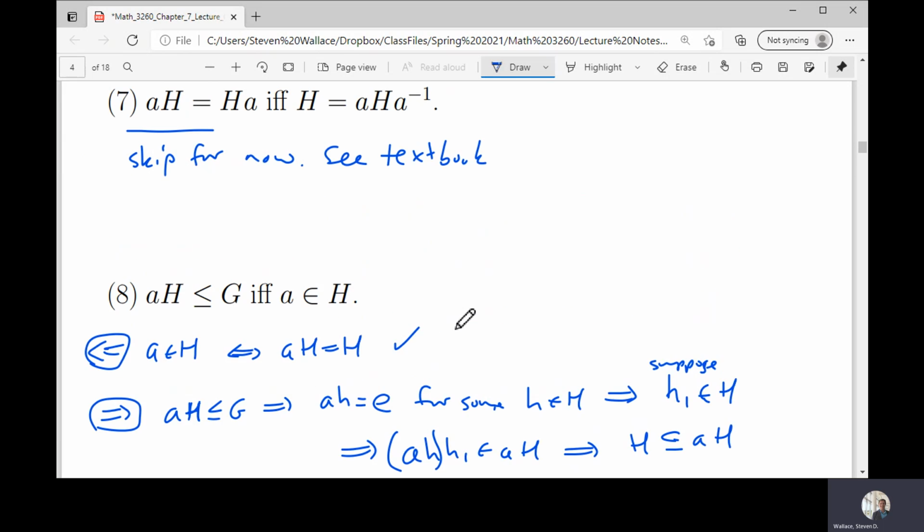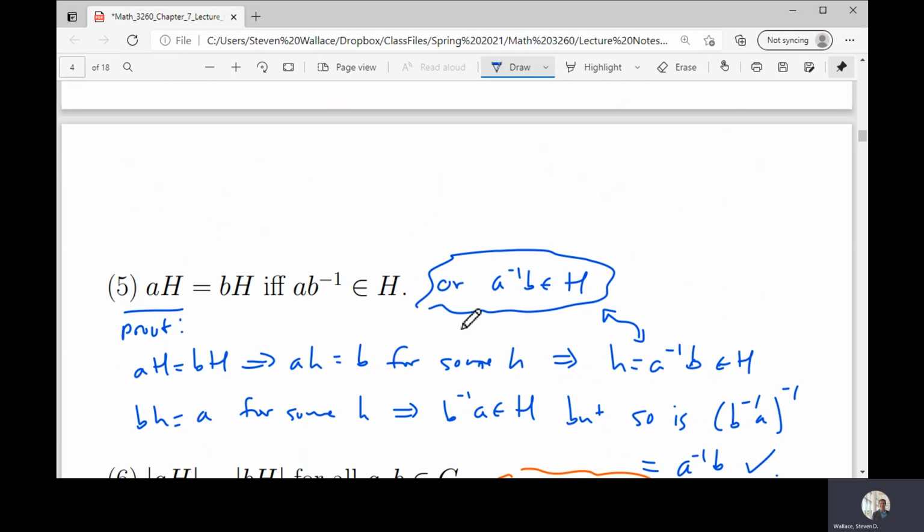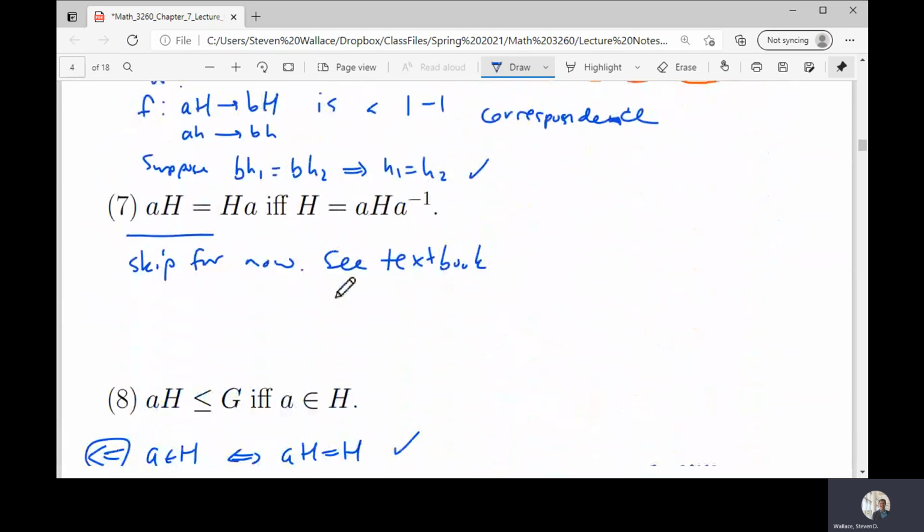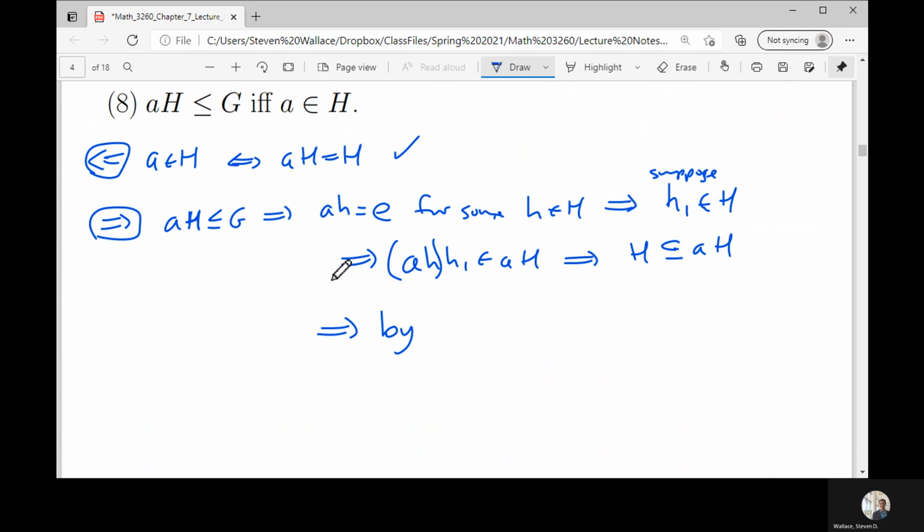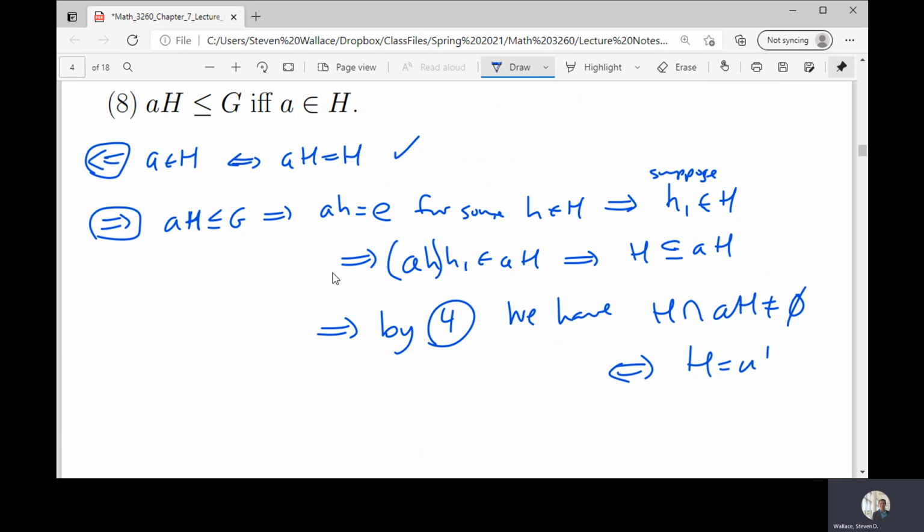I keep showing the same thing over and over again, but I could be using number 4. Therefore, a must be in H, right? So by number 1, right? Okay.